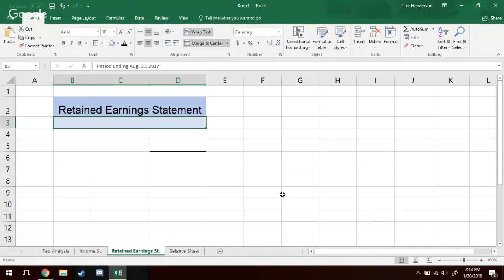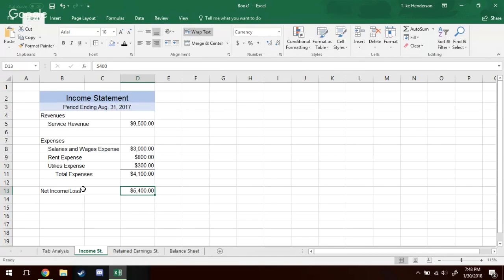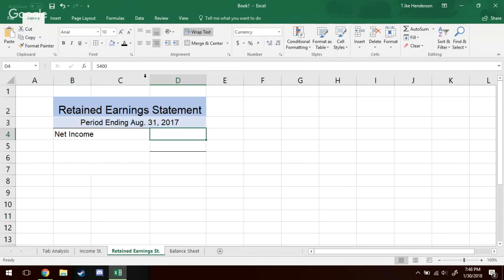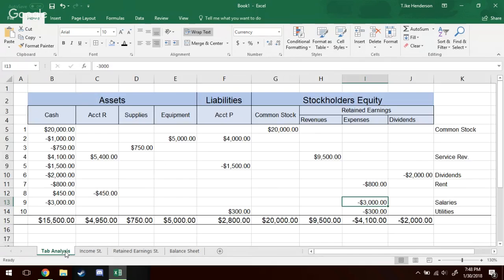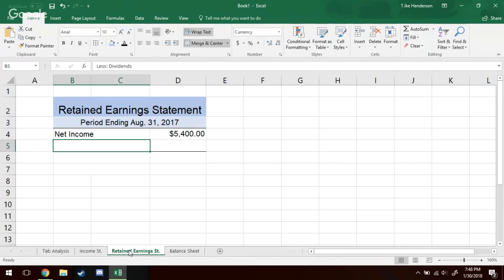The retained earnings statement is dated the same way as a period ending, in this case, August 31st, 2017. We include our net income first from our income statement, which is $5,400. And if you recall from our tabular analysis, we paid dividends, so that needs to be included in our retained earnings statement.